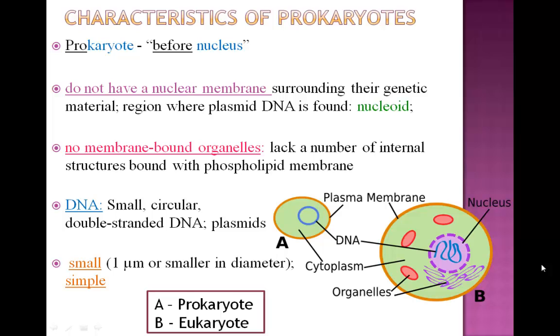Some prokaryotes also have plasmids, which are separate from the chromosomal DNA and replicate independently from the chromosome. Overall, prokaryotes are relatively small, around 1 micrometer or smaller in diameter, and simple microorganisms compared to eukaryotes.